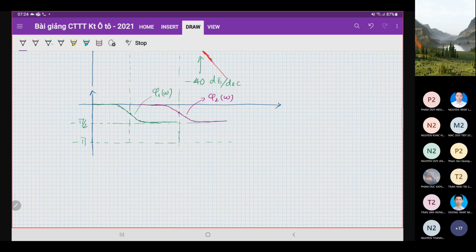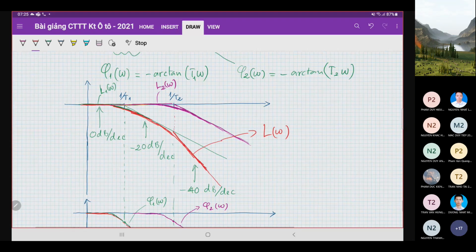Okay, and then when we combine both of these together, we will have here the final one. Sorry, I drew it a little bit not very nicely here. Yes, like this.